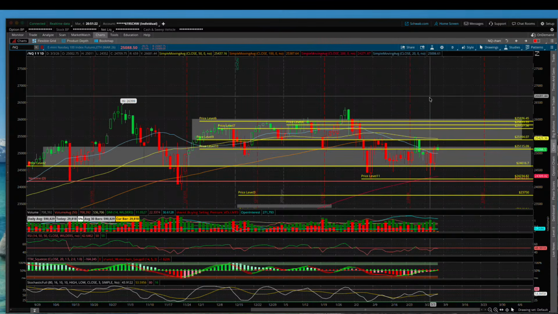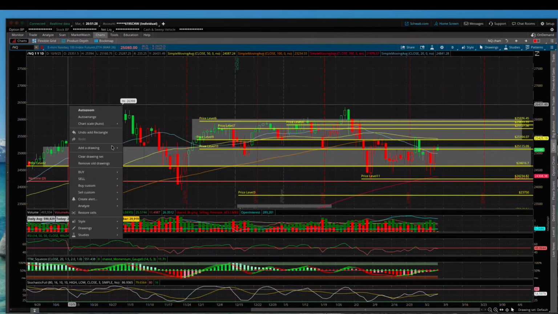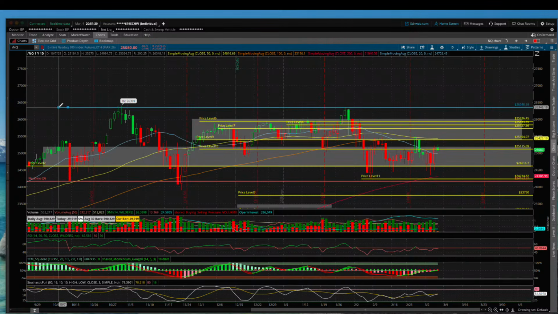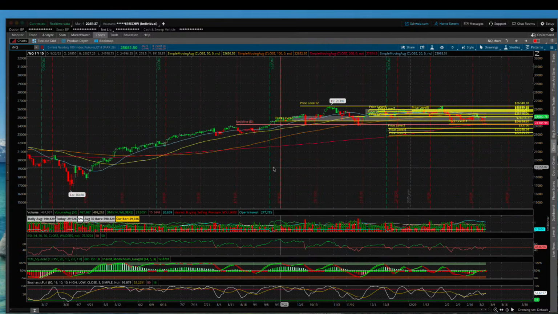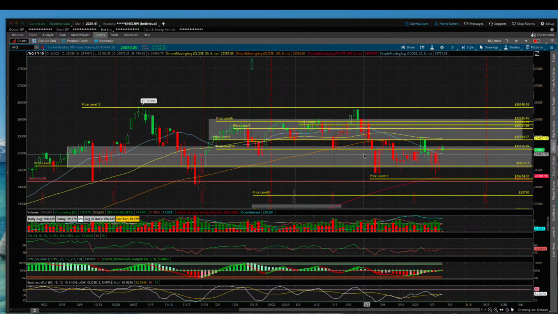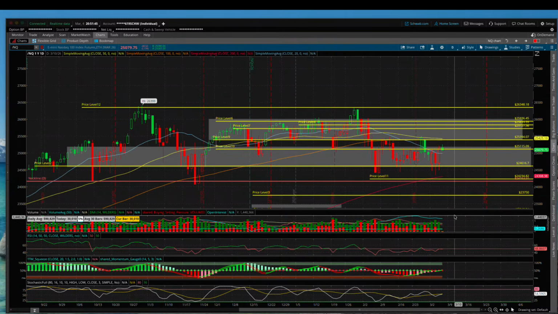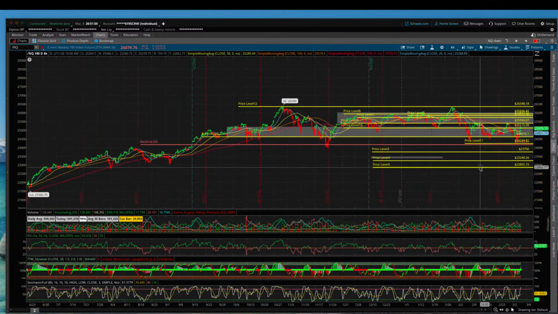And I know people get frustrated during chop, especially with options. Options get chopped up. It's a part of trading sometimes. So once we get that trend going, whether it's up or down, we'll be in a very, very good situation.